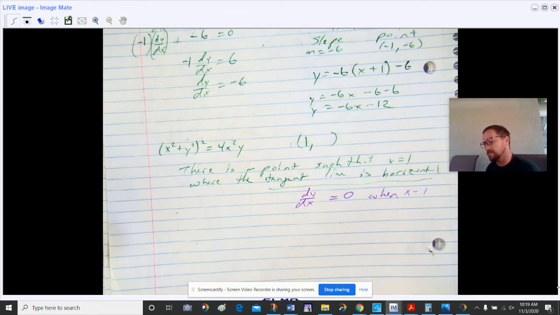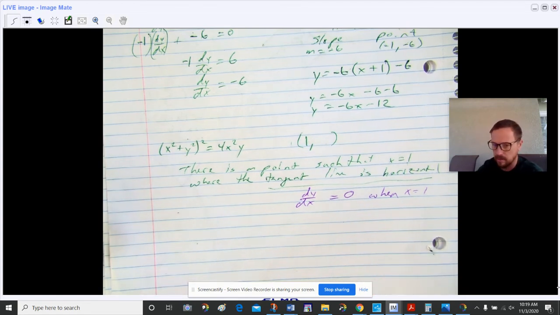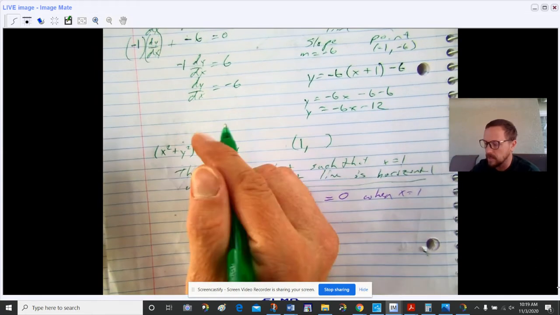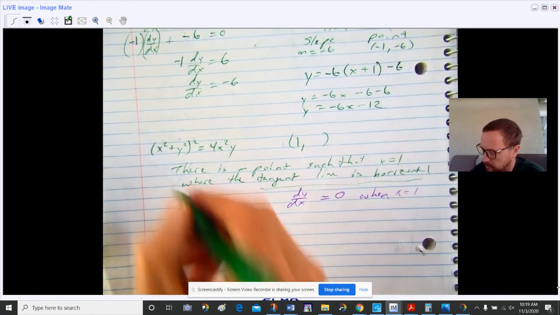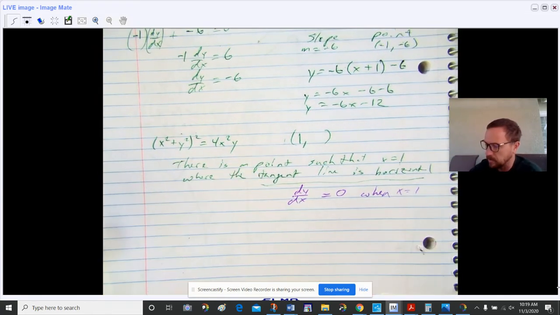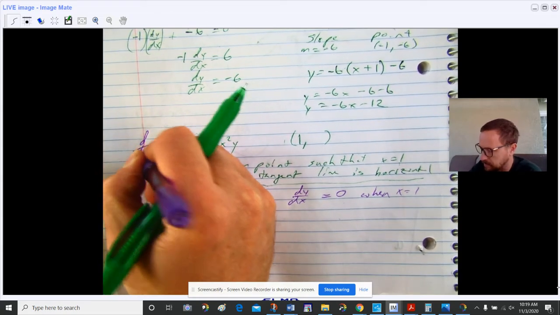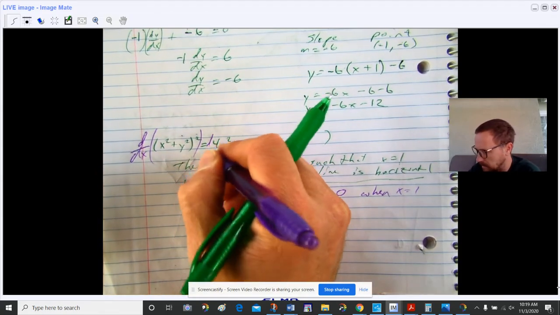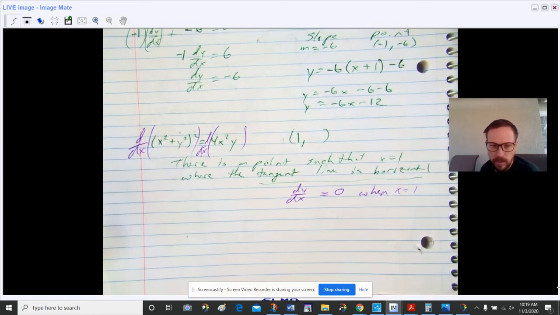So what we want to do, and there are a couple of ways to go about it, but my first thought is to find the derivative and figure out what y would have to be when x equals 1 to make our derivative 0. So let's take a look at our equation. We're going to take the derivative of both sides with respect to x. I know it looks messy, but that's why I picked it, so we can do a messy one.